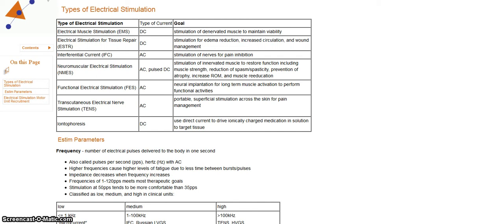Post-operatively, you may be able to also do some re-education, particularly if there's disuse atrophy due to pain. So there's some terminology that's specific to whether or not a muscle has a nerve or is denervated.